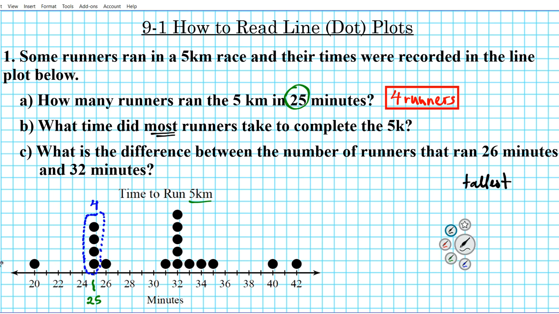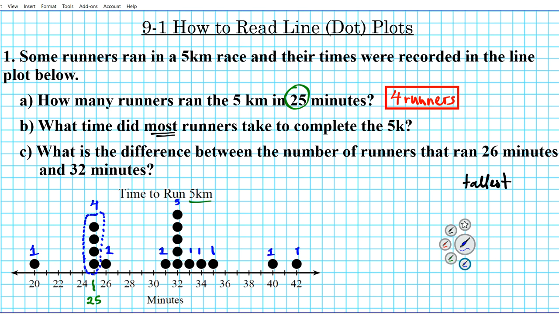Which data point? 20 has just one dot on it. Let's stack them all. 20 is just one. 25 is 4. 26 is 1. 31 is 1. 32 is 1, 2, 3, 4, 5. 33 is 1. 34, 1. 35, 1. 41, 42, 1. We didn't have to do this.